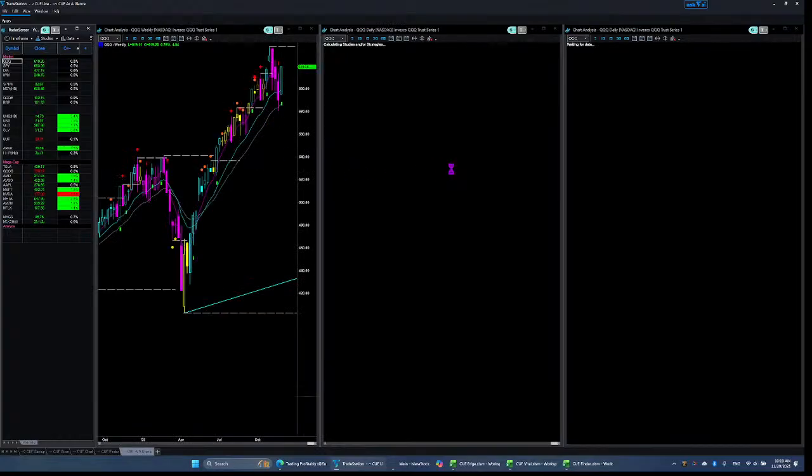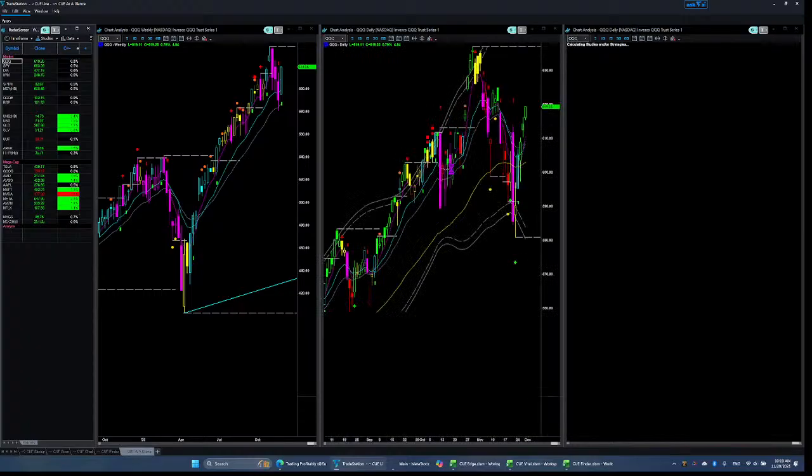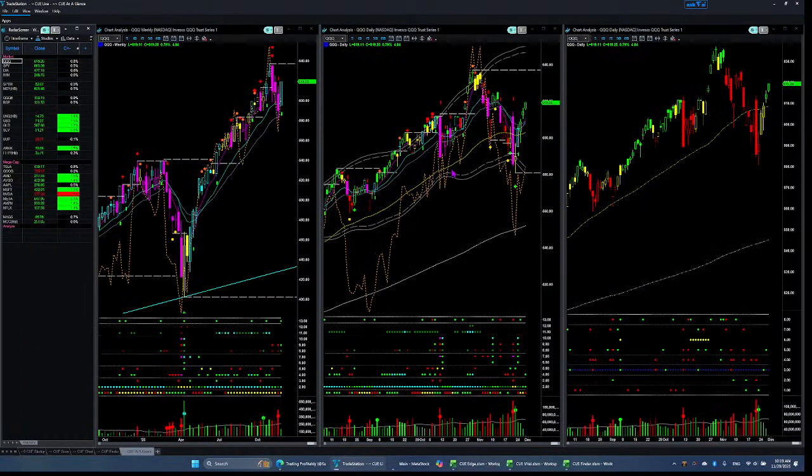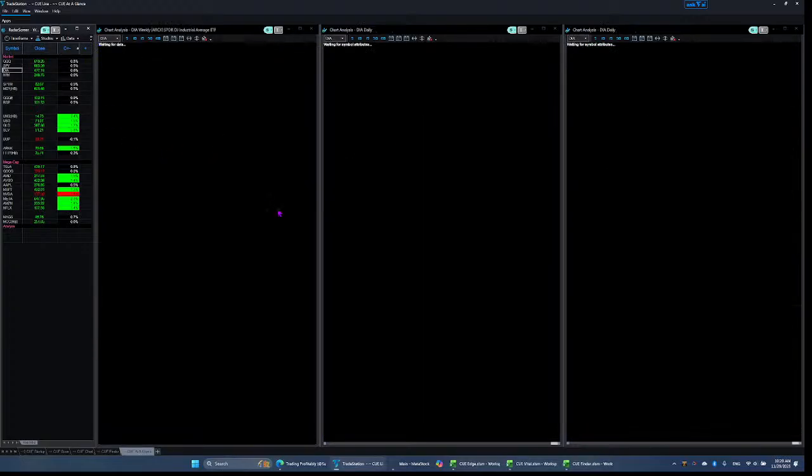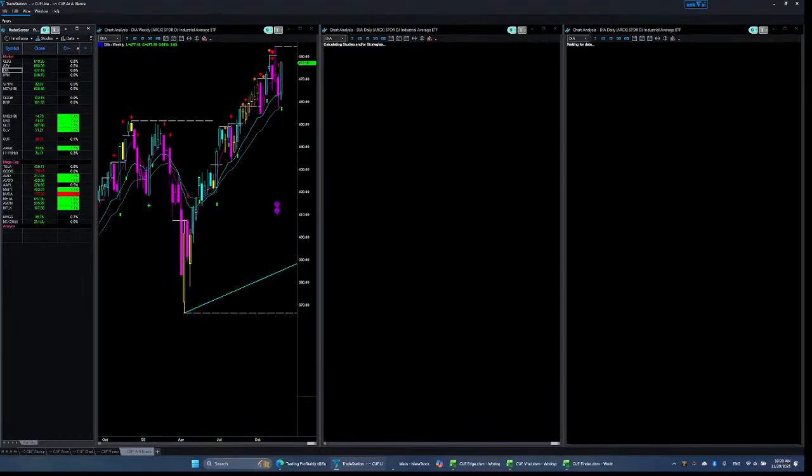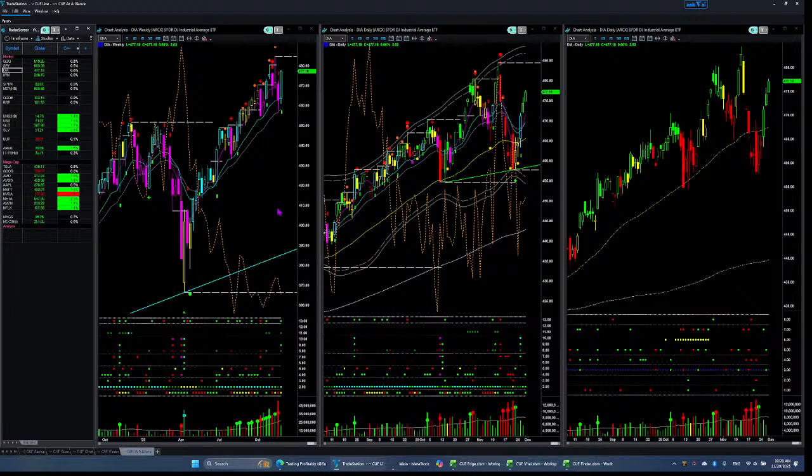QQQ, it will be very similar. I'll not point to all the areas again, you can just see that weekly is again very bullish, closing right at the very high, but daily still is not in an uptrend. Dia, weekly very bullish, daily still not in an uptrend.